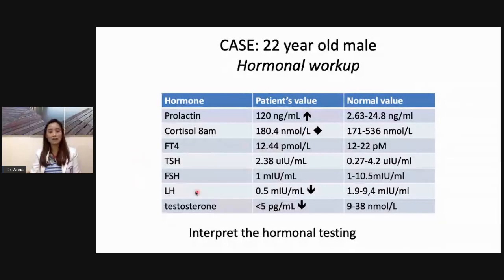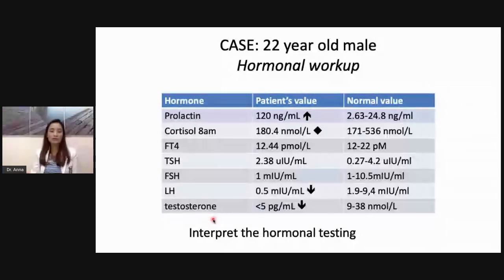Oh, I forgot, this patient should also have an IGF, but I forgot to put IGF here. These are to complete the 5 axes. The tests revealed slightly elevated prolactin, normal cortisol, normal TSH and FT4, slightly low LH, and low testosterone levels.